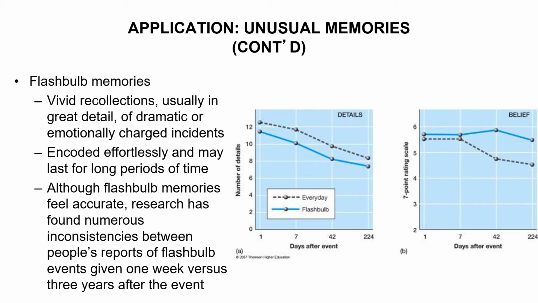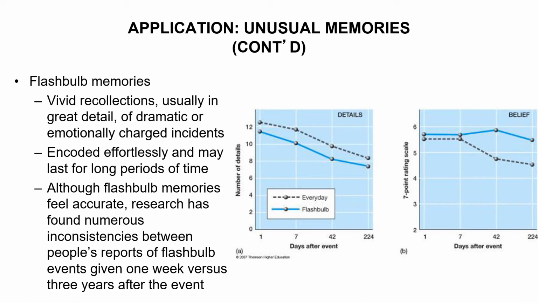So these flashbulb memories are things like being in a car accident, or where you were when a very dramatic thing happened. I sometimes use 9/11 as an example, but many of you, if not all of you, were probably too young. But big events like that, everybody remembers.